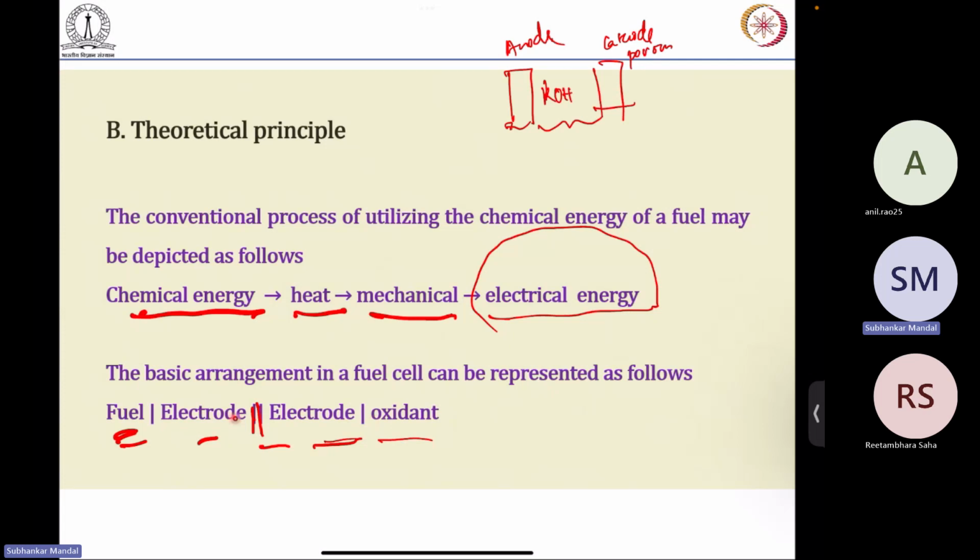So potassium hydroxide is the electrolyte. So in the cathode, reduction will happen. So this is the hydrogen oxygen fuel cell.